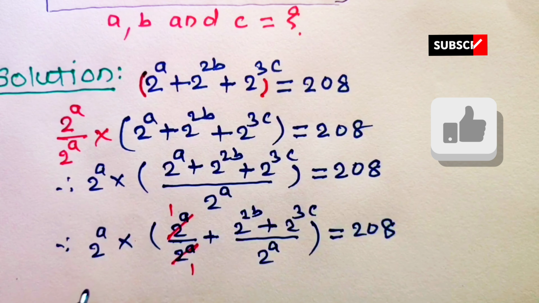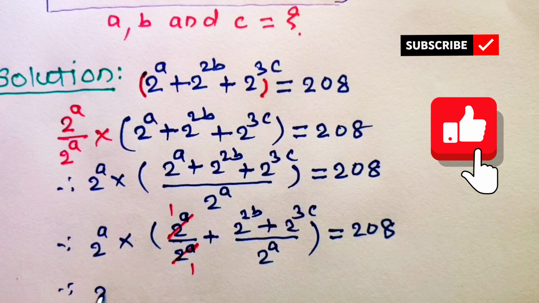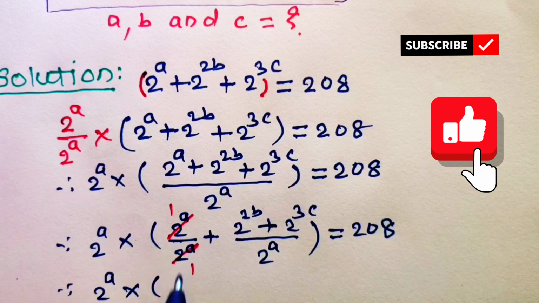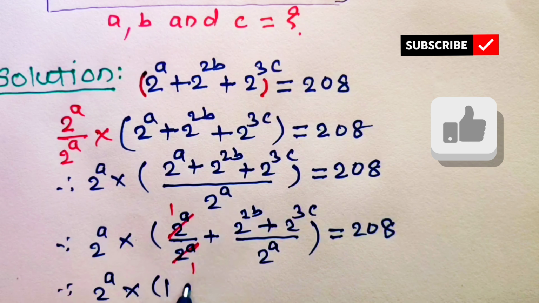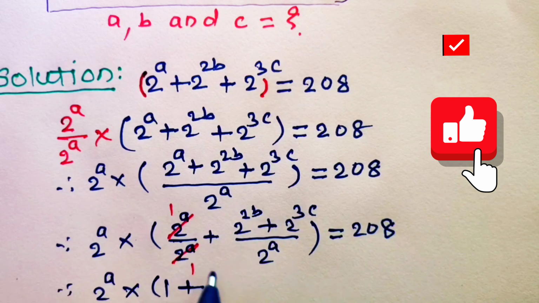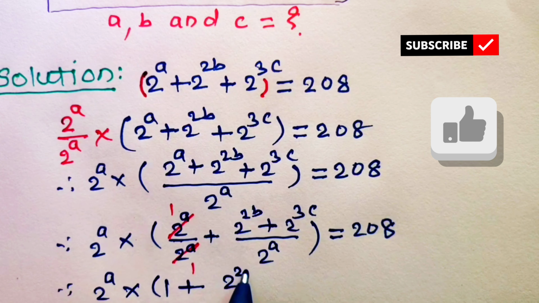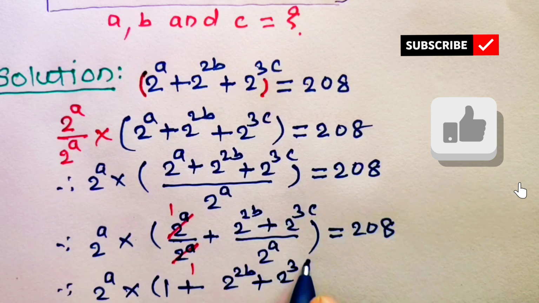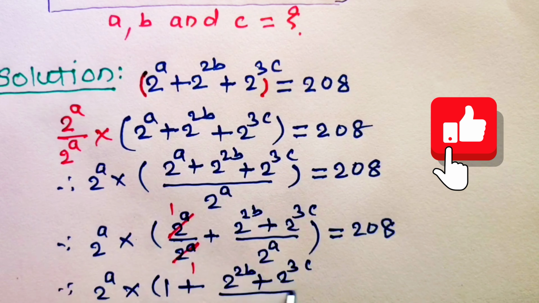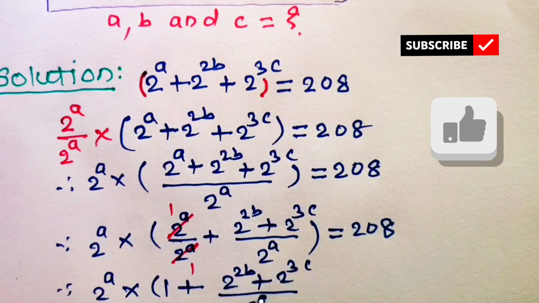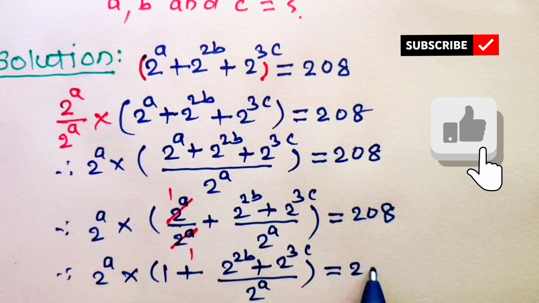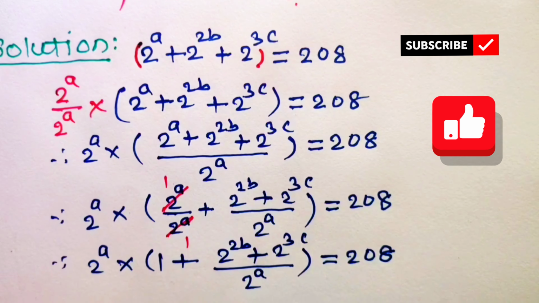Hence the given equation can be written as 2 to the power a into 1 upon 1 is 1 plus this term as it is, 2 to the power 2b plus 2 to the power 3c divided by 2 to the power a bracket close. This is equal to 208.